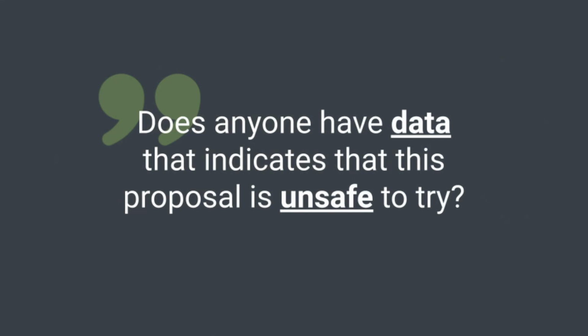After the proposal has been shared, go around the entire team and allow each person to answer the question, does anyone have data that indicates that this proposal is unsafe to try? The facilitator needs to anticipate and parse through what information is valid enough to actually have a discussion around.